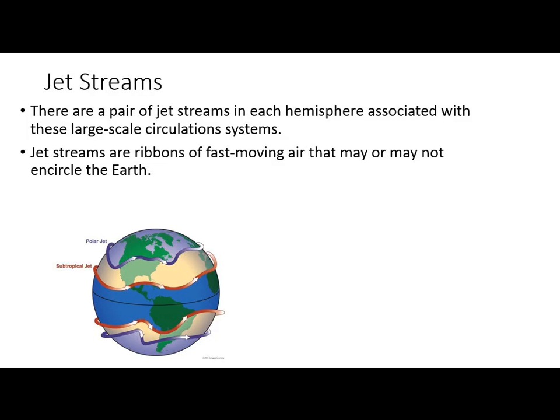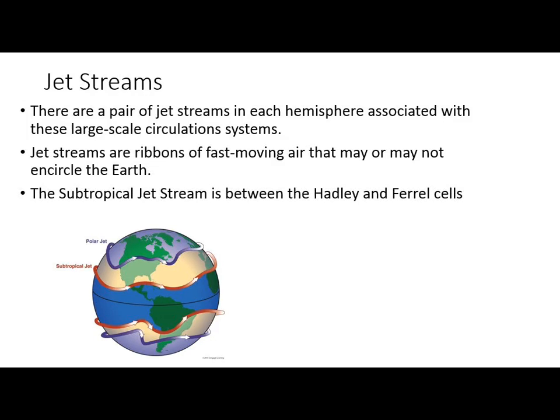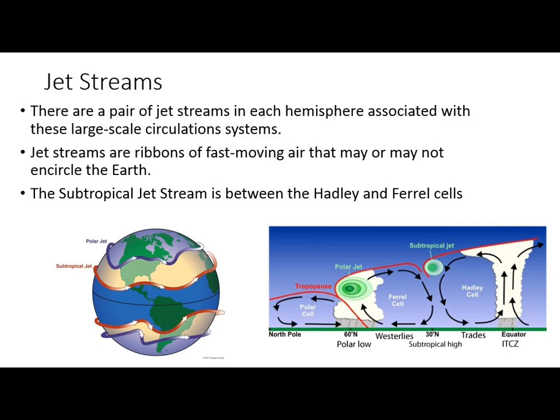Okay, so they may or may not entirely go around the Earth. So the two jet streams look like this. The one closest to the equator in both hemispheres is the subtropical jet, and the one closest to the poles in both hemispheres is the polar jet. The subtropical jet stream, closer to the equator, is between the Hadley and the Ferrel cell, and then the polar jet is between the Ferrel and the polar cell.